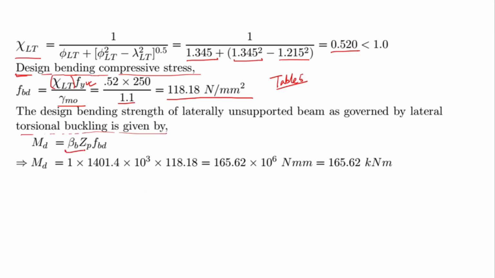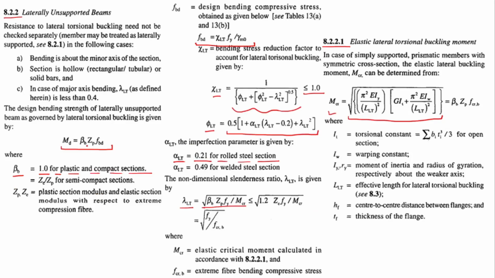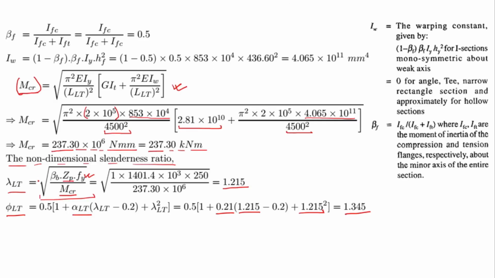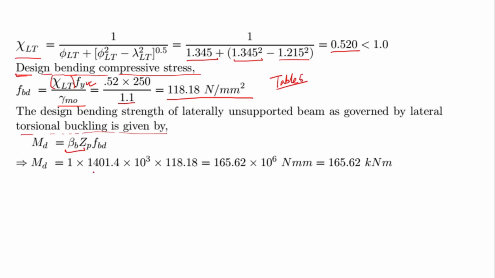Beta B for the plastic section is 1, which is given here. Then ZP we have noted down from steel table, which is the plastic section modulus. Then FBD, which is the design bending compressive stress, and it is calculated as 118.18 Newton per mm square.